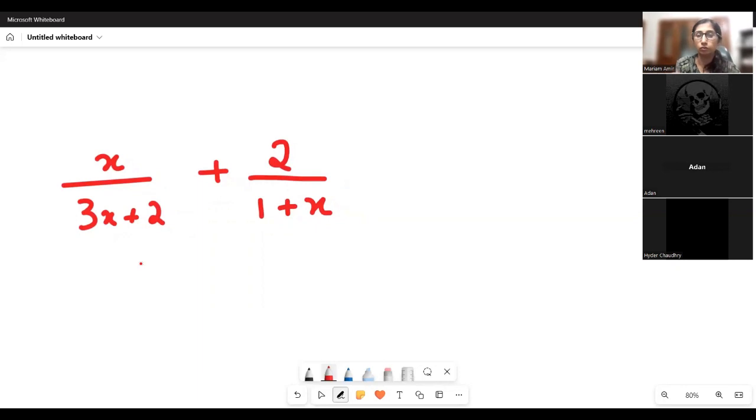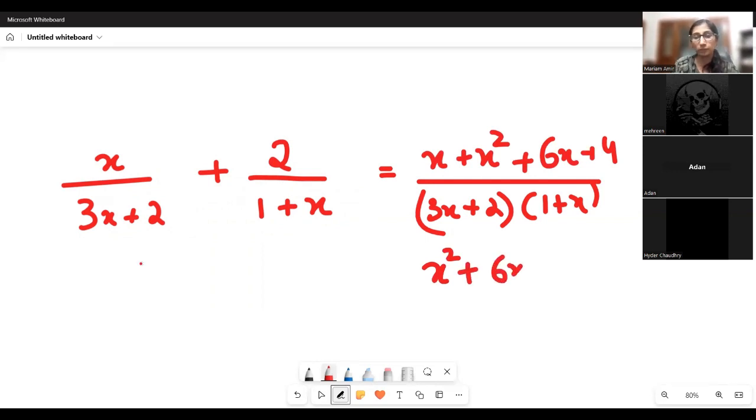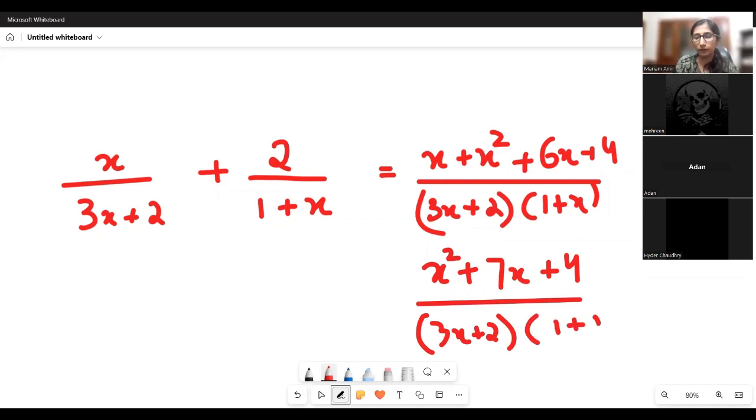Then you know what to do. What would you do in O levels? You would take the LCM in the denominator, 3x plus 2, 1 plus x. And the numerator would be x plus x squared plus 6x plus 4. Simplify that, we would get x squared plus 7x plus 4 upon 3x plus 2 times 1 plus x.